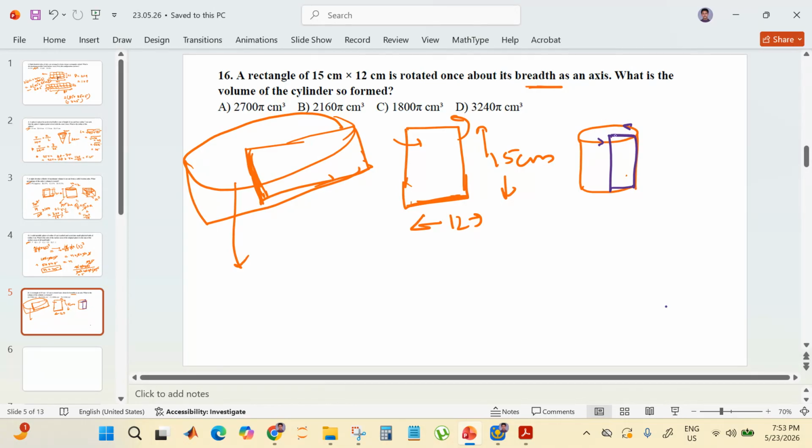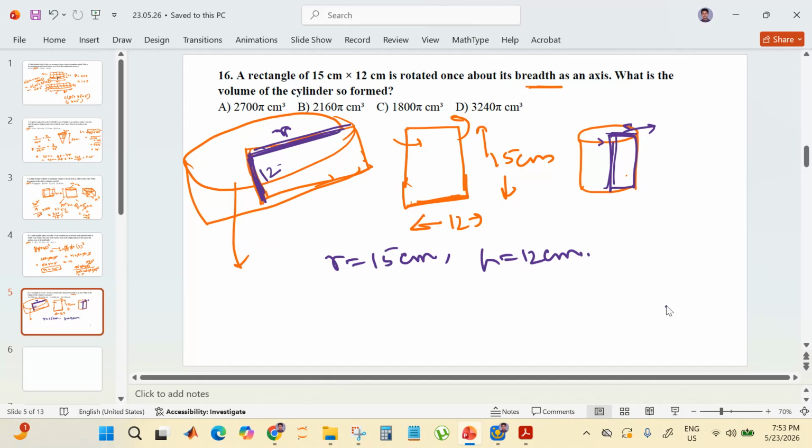Relation is nothing but, sorry, not breadth, this length is basically the radius. So the radius is r equals 15 centimeter here, right? And what is the height? This height is nothing but the breadth. Height is 12 centimeter.